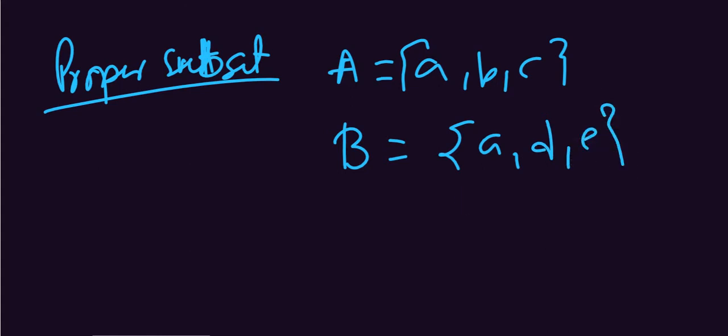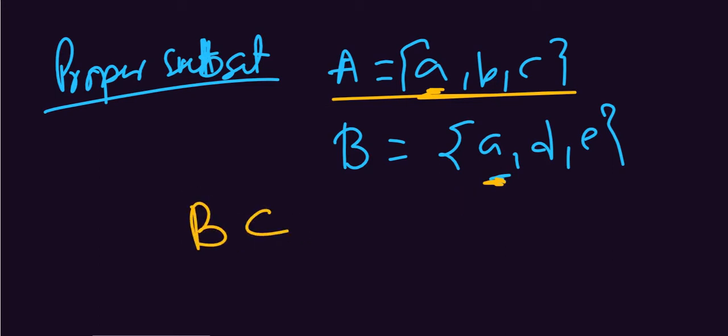So only one element of B is present in the set A. So B can be a proper subset of A.